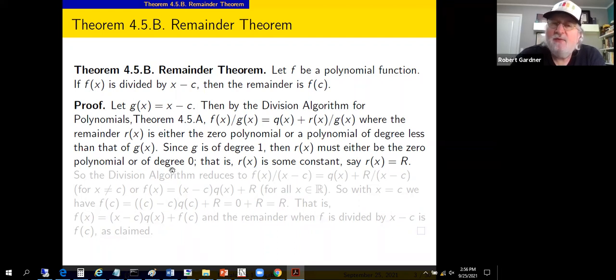Polynomials can be constant functions, but not the 0 function, is a common way to deal with the term polynomial. It's common terminology. So anyhow, r of x must be a constant.